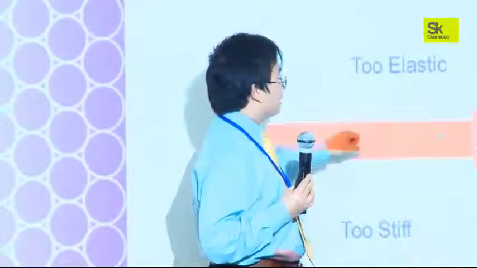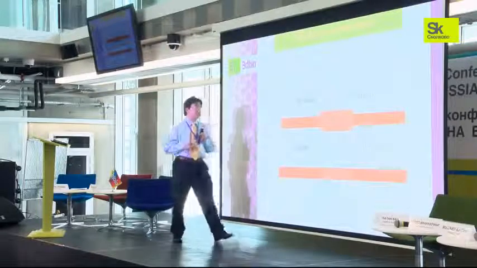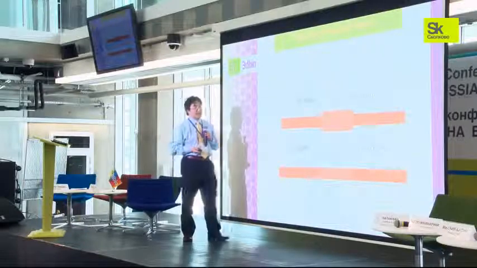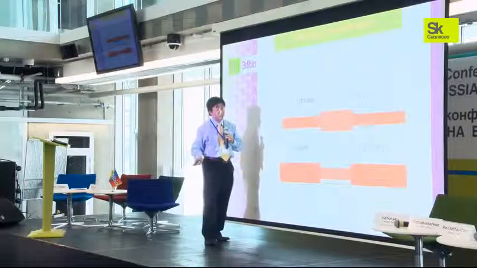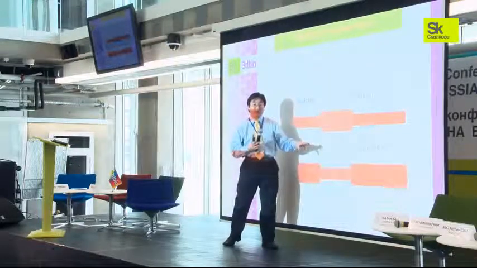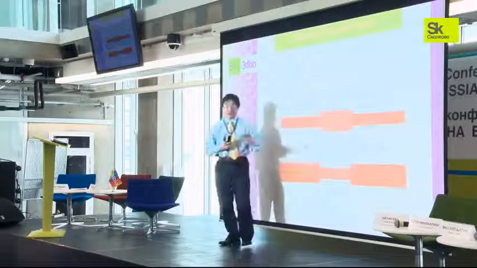If the vascular graft is too elastic, when you put it into the vessel, once the pressure changes, part of the graft will expand, which causes an aneurysm to form. If the vascular graft is too stiff, it causes intimal thickening in that place, because this part doesn't expand as well as the native vessels.